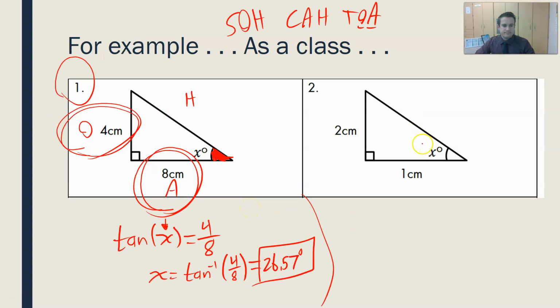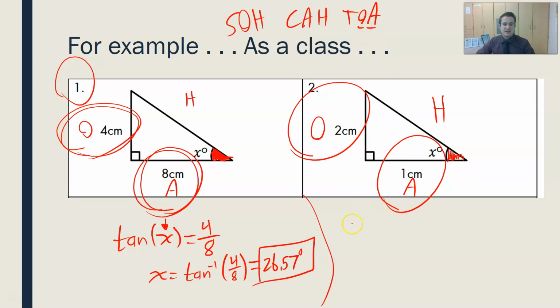Let's do one more of these kind. So if I'm looking at this angle right here, hypotenuse, opposite, adjacent, which trig function am I going to use? Well, I have the opposite and adjacent sides, which means I'm using tangent again. So tangent of x is equal to opposite over adjacent, or 2 over 1. So to solve for x, I'm going to have to undo tangent with the inverse tangent of 2 over 1.